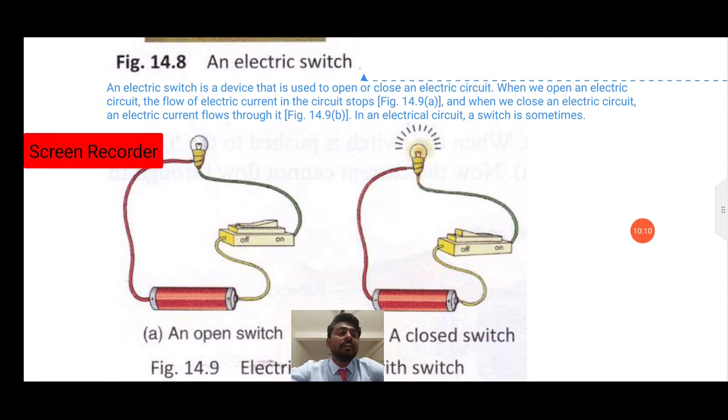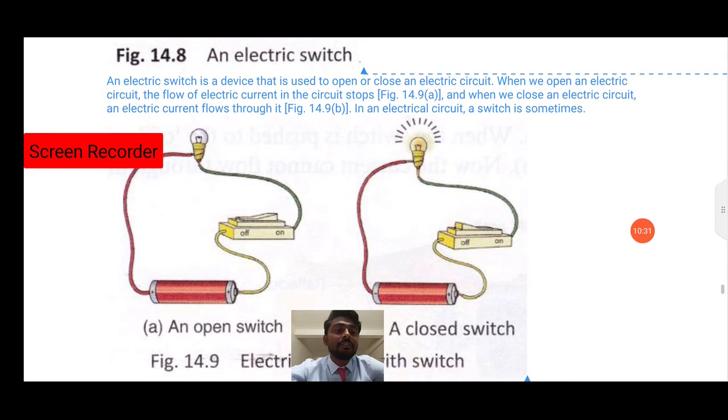When we open an electric circuit, the flow of electrical current in the circuit stops. Listen to me. When we open the electric circuit, the flow of electric current in the circuit will stop.